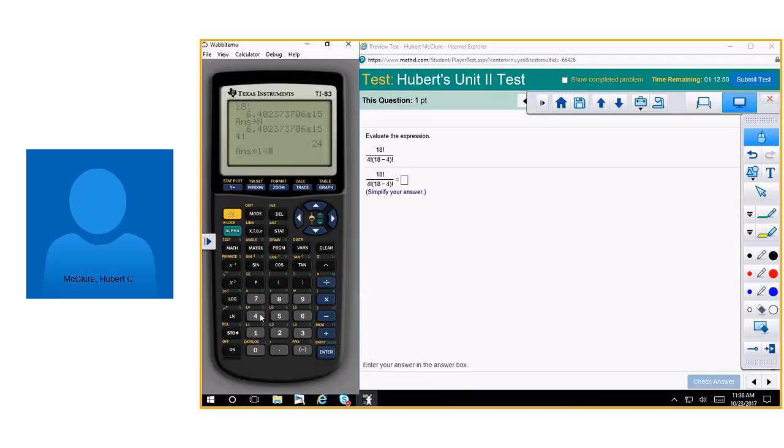So 14, math, probability, factorial. And now stove, alpha, D for denominator. Now I just take clear and hit alpha n divided by alpha D.